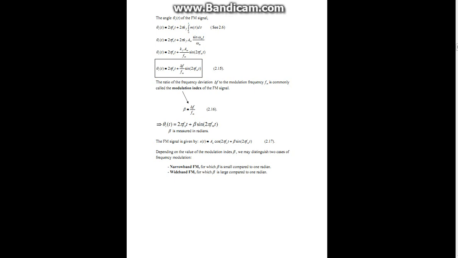Depending on the value of the modulation index, we can differentiate two basic cases of frequency modulation. One is narrowband, in which beta is very small compared to 1 radian, and the second is wideband, in which beta is greater than 1. So basically these are the two cases which we will study further.